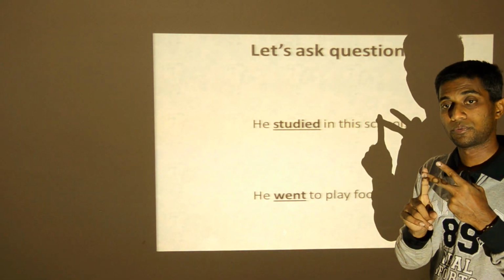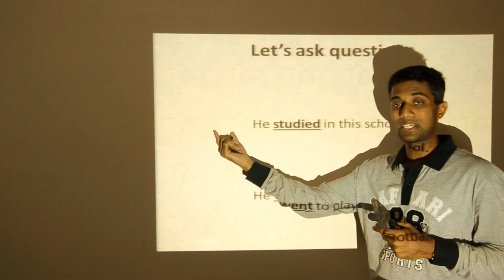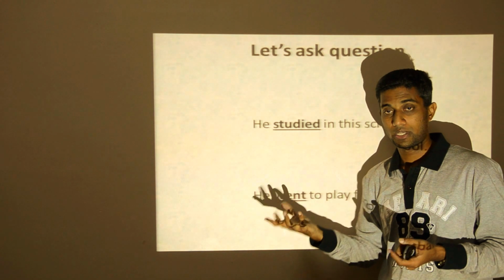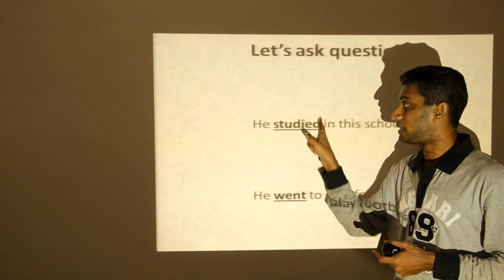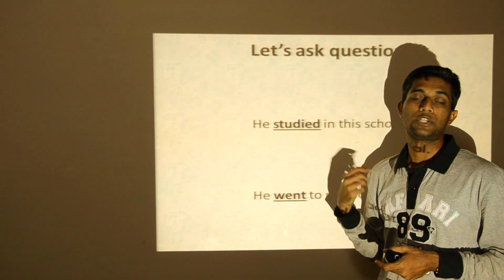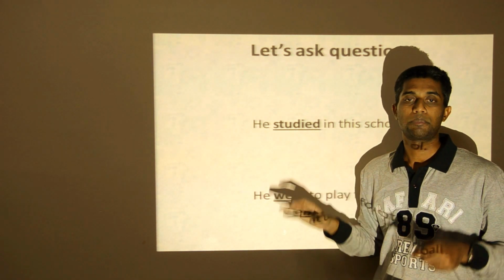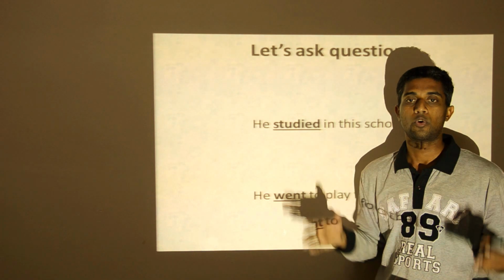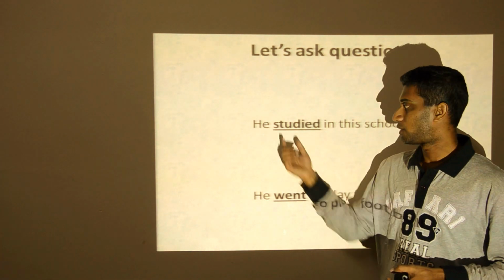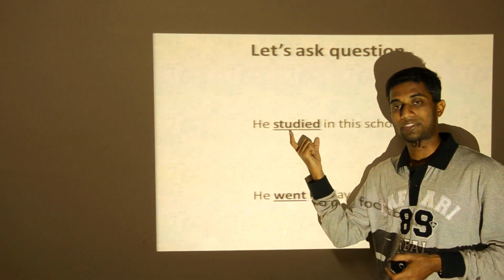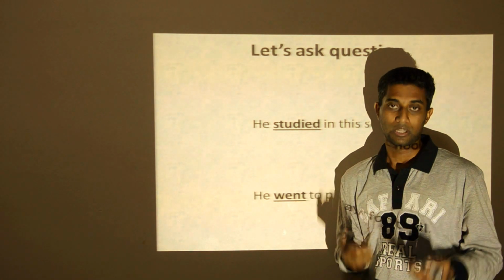What is number two? When you're using "did" to form a question, we cannot keep the verb in the past form. We're going to change it into the very simple form, the original form of the verb. So the present form of "studied" is actually "study".